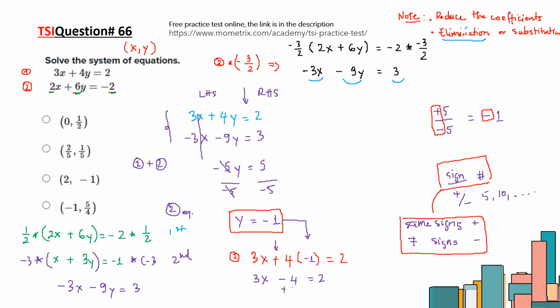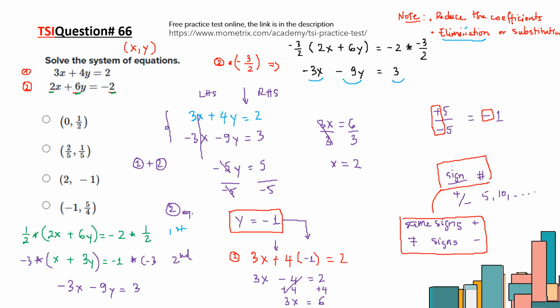Now we add 4 to both sides. Now we have 3x equal 6. So what is x? x equals 2. So 3x equals 6, we divide both sides by 3. Cancel that. x equals 2.